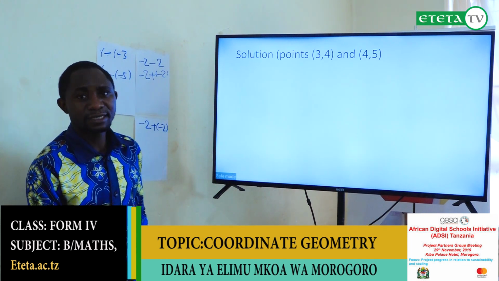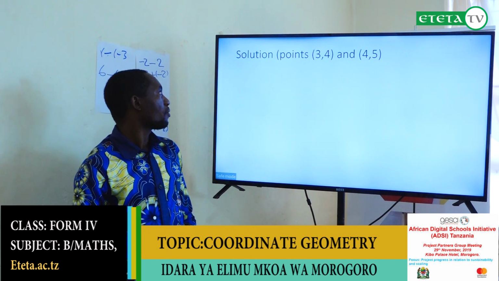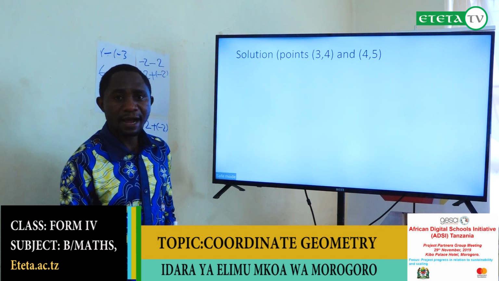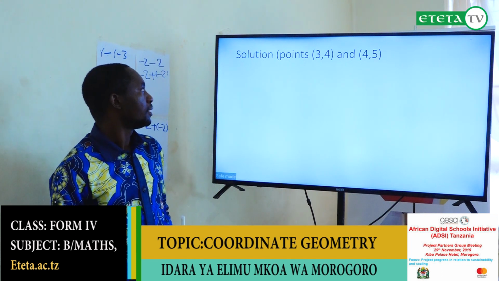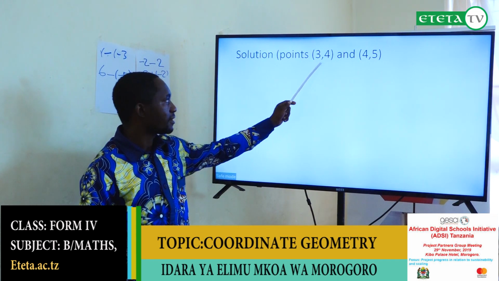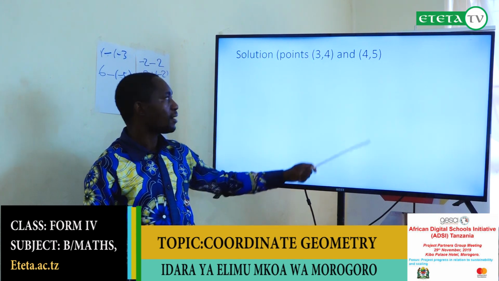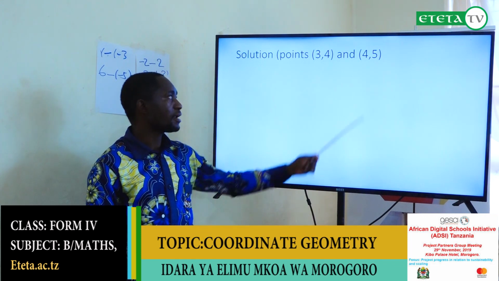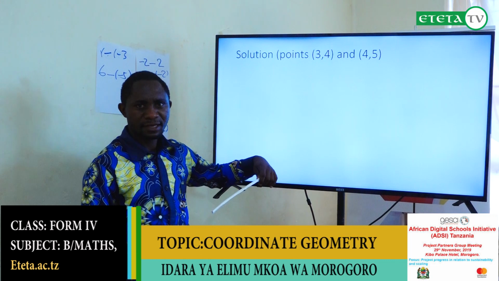Now let us check. We have points as usual 3, 4 and 4, 5. As usual, the first value is the value of x, the second the value of y. Also, for point 2, the first value, which is 4, is the value of x.